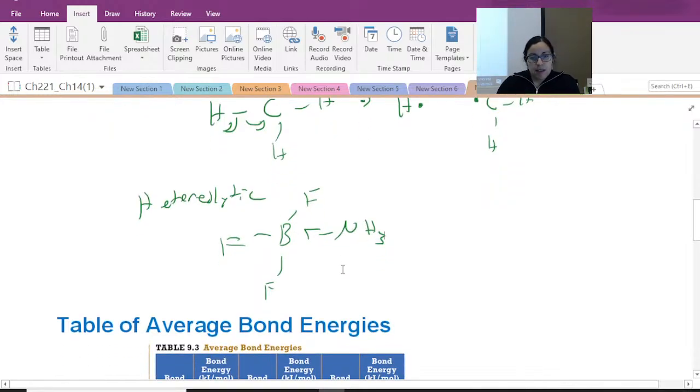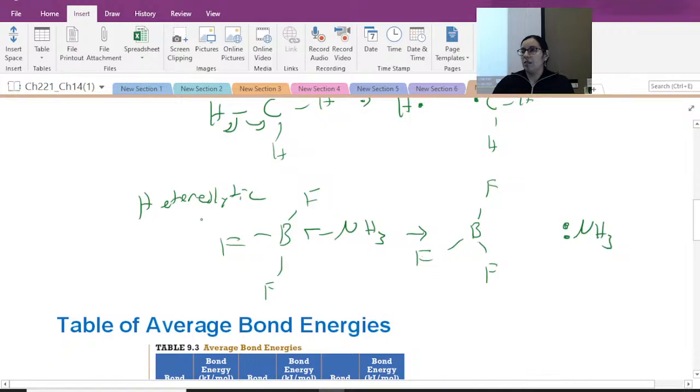If we were to draw out the Lewis dot structure, our nitrogen is donating 2 electrons. When this cleaves, it would be heterolytic because the 2 electrons from that bond go back to the nitrogen, instead of doing 1 to boron, 1 to nitrogen.